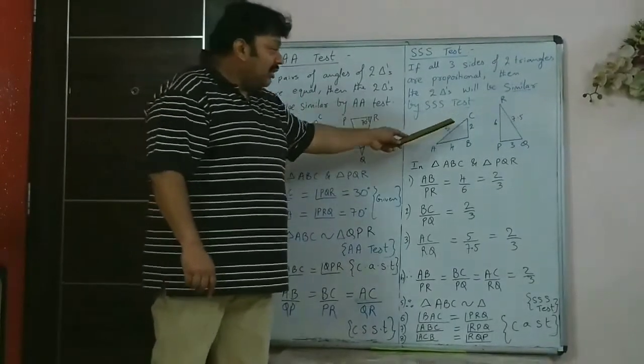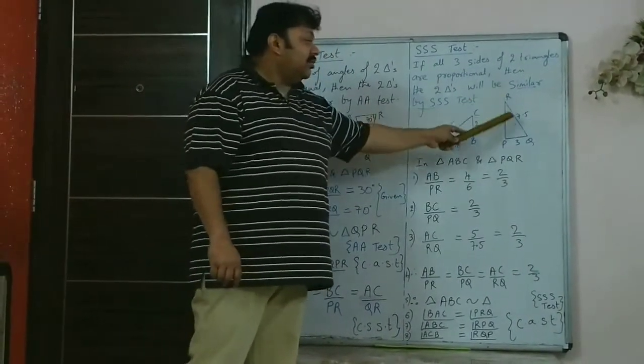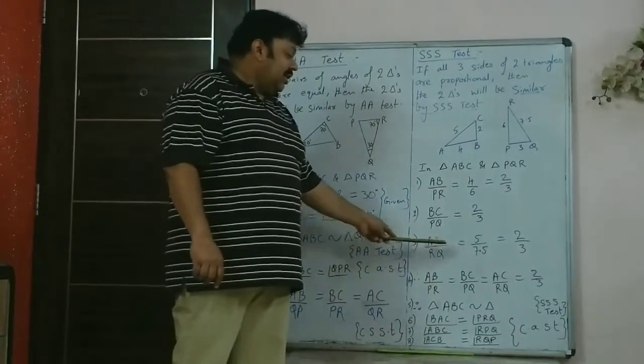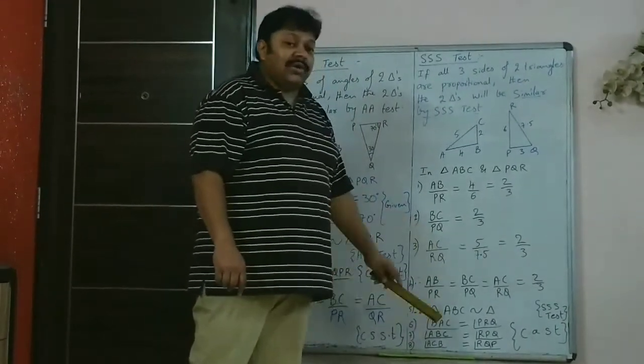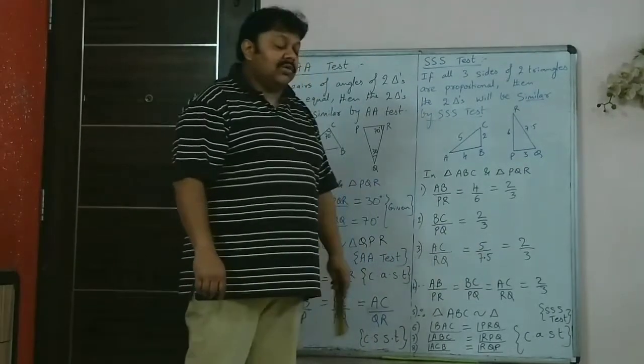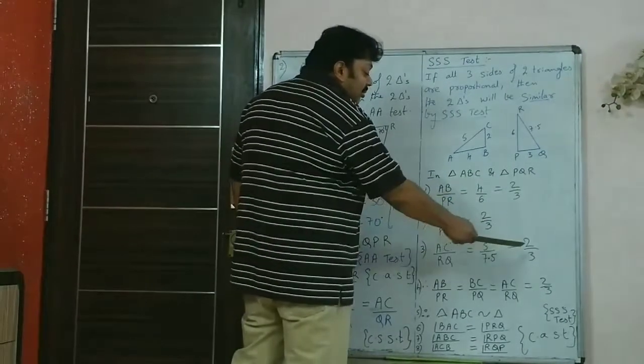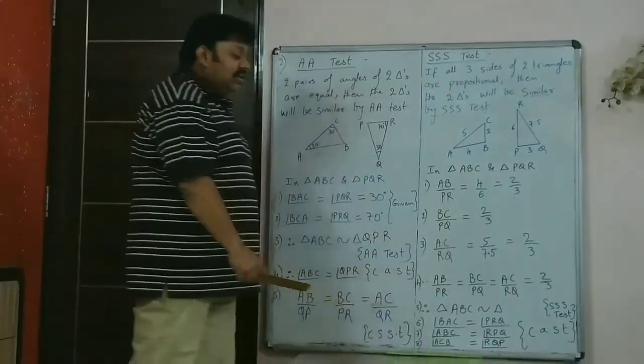The other side which remains is AC and RQ. AC and RQ is 5/7.5. Both are divisible by 2.5, so it will be 2:3. So all three pairs of sides are in the same ratio, that is 2:3.